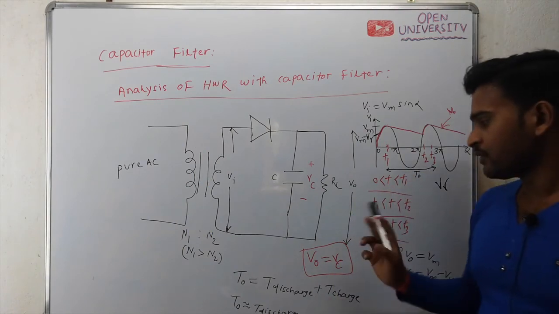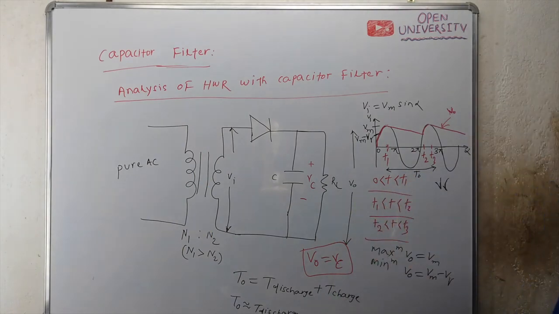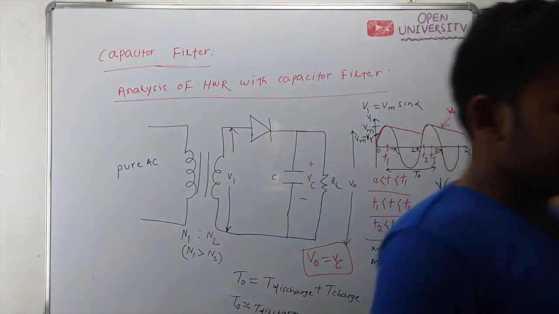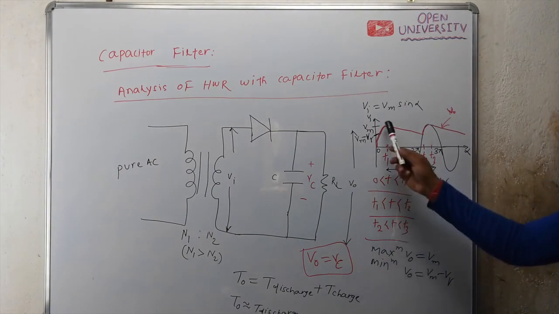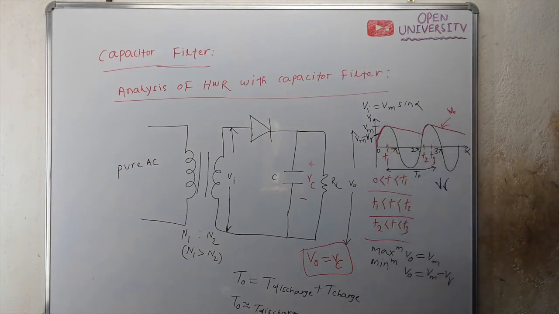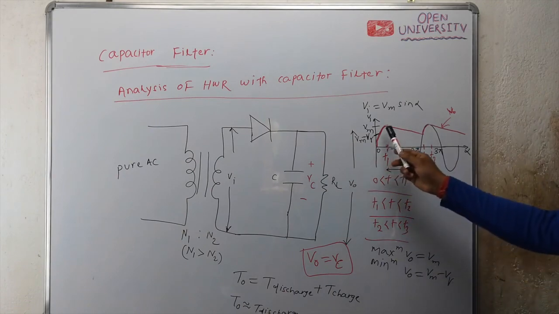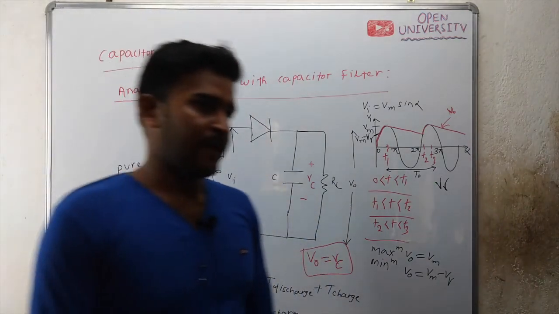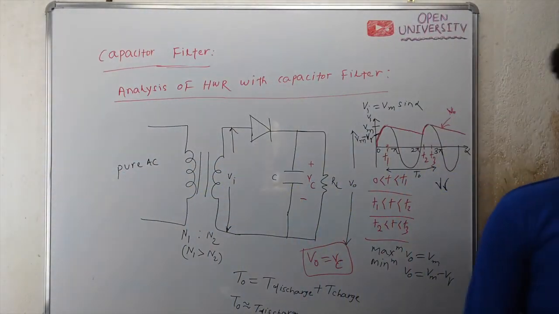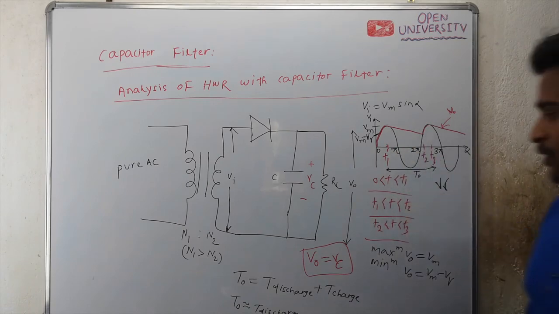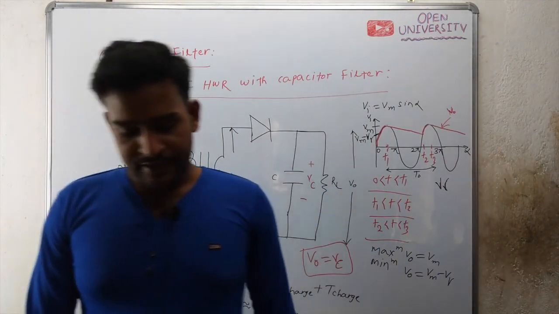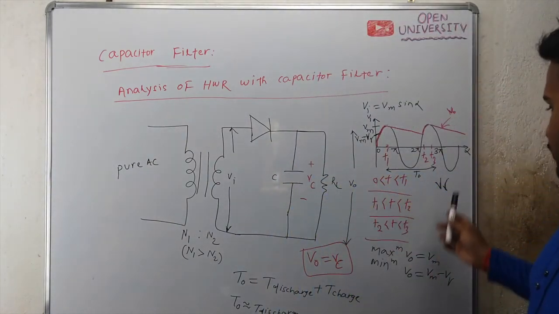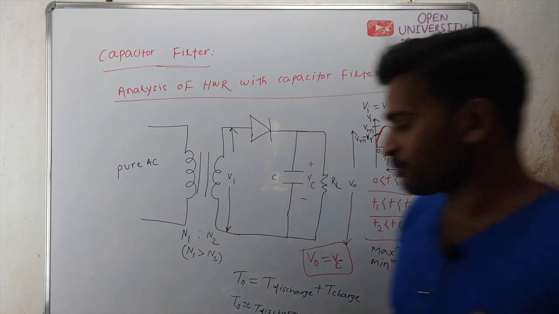Write down: Vr represents peak to peak variation in the output. It is called the peak to peak ripple voltage. Vr is also called peak to peak ripple voltage.